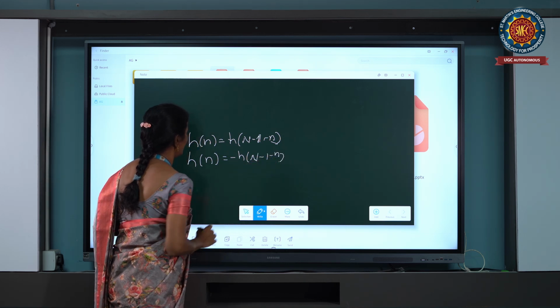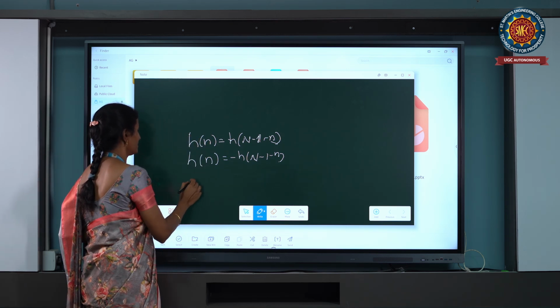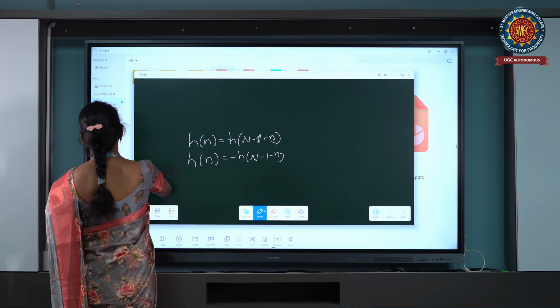Here capital N is the length of the sequence, and h of n denotes the impulse response of the filter.